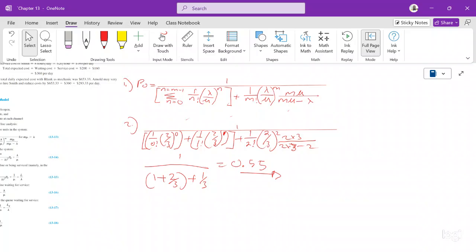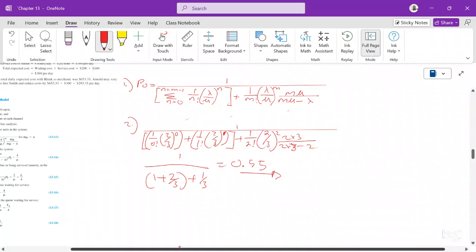Okay, so 1 plus 2 over 3 plus 1 over 3. I don't know what happened, but now I'm finding the correct answer without changing anything, which is 1 over 2.